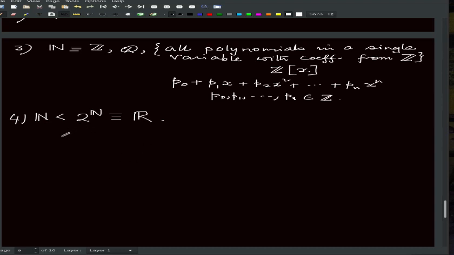Well, one has to give two functions, from this side to this side. So what do I do? I take a subset, say T of N, let it be say T1, T2 and so on.